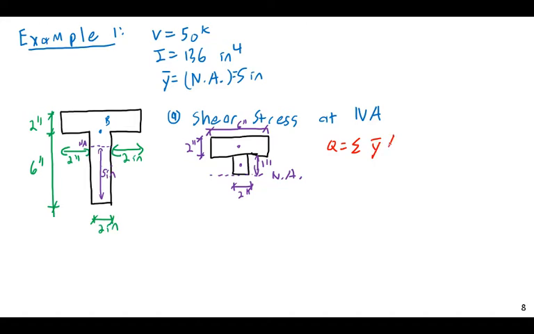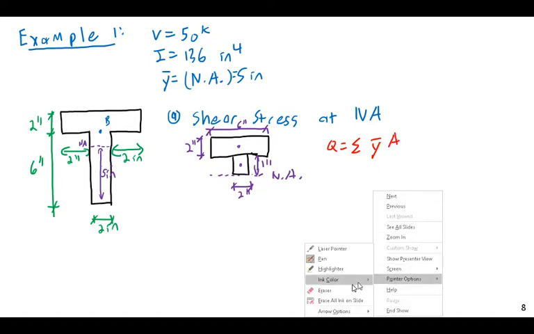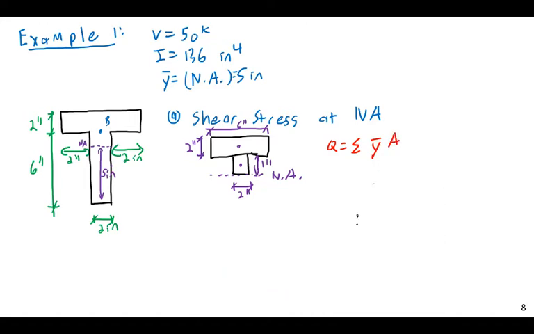y bar A, which is then simply equal to, for here, 0.5. That's the y bar for the first piece down here, 0.5 inches, and it is measured from the point that we're taking. The distances are always measured from the point that we're interested in the stress at.